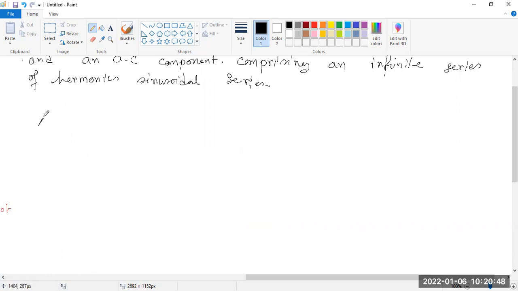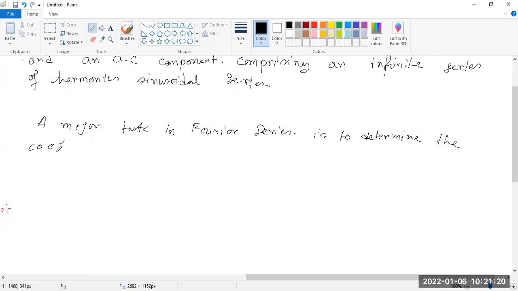So the major task in Fourier series is to determine the coefficients a0, an, and bn. You just remember an is concerned with the cos factor and bn is concerned with the sine factor, meaning sine n omega 0 t.